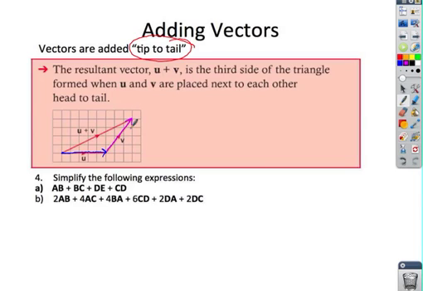And then the resultant is the vector from the tail of u to the tip of v, as shown in yellow, all right? So that's the important thing to know about vector addition graphically. You have to add them tip to tail.